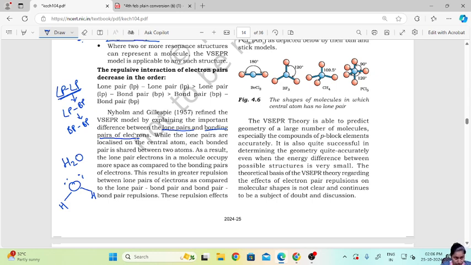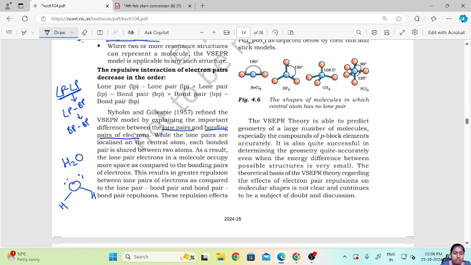They will occupy more space compared to the bonding pairs, okay. In bonding pairs, the electrons are shared, whereas the lone pair electrons belong entirely to the central atom, or for that matter whichever atom that lone pair is present on. So this lone pair will occupy more space compared to the bonded pairs of electrons.